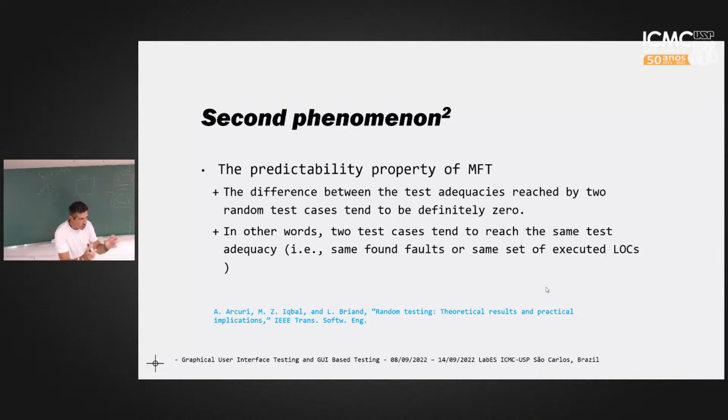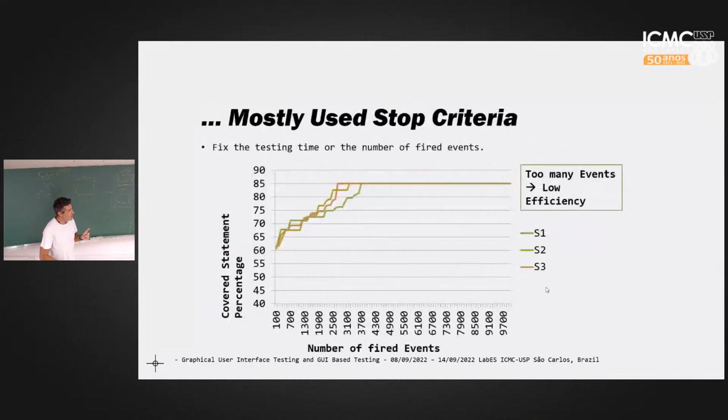At the basis of this phenomenon, I don't report here the mathematical aspect. I want to report the intuition. If we have two test cases that are random, at the limit, they tend to reach the same test adequacy. In other words, the difference in coverage or adequacy of two random testing processes tends to 0.